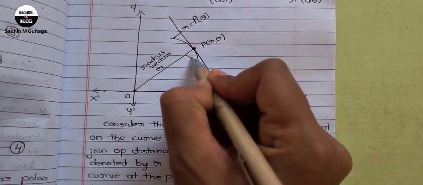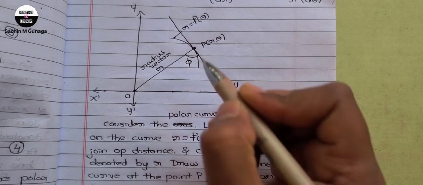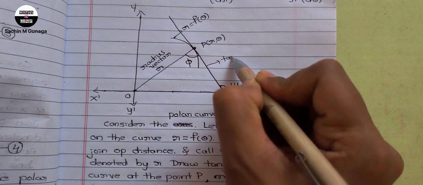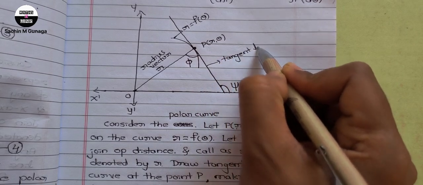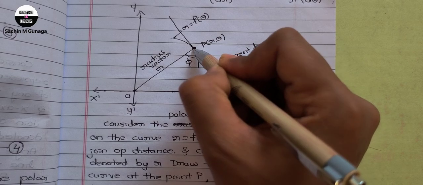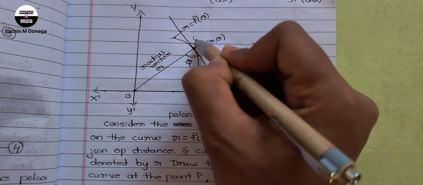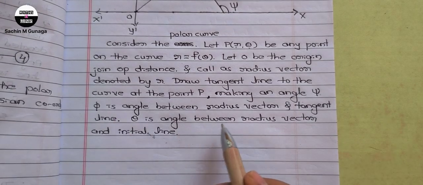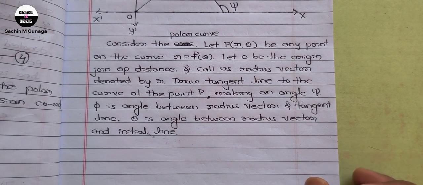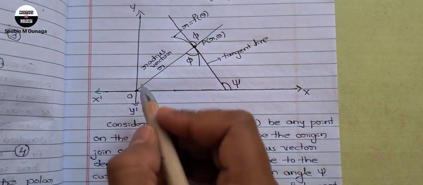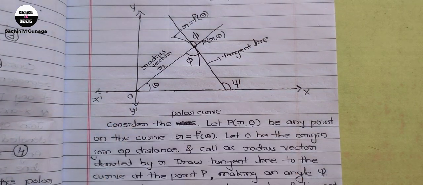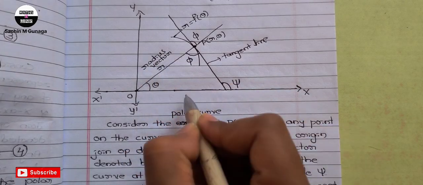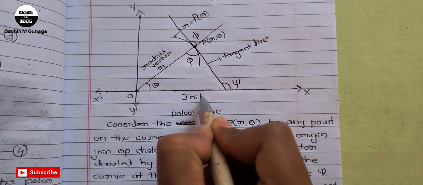So this is the angle theta, the angle between the radius vector and what we call the initial line.